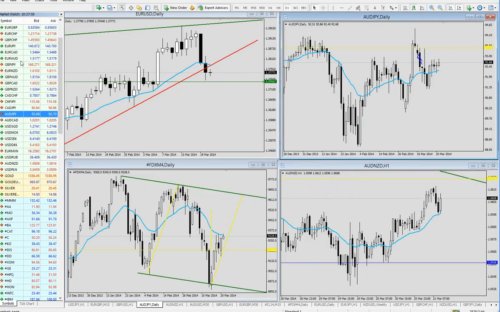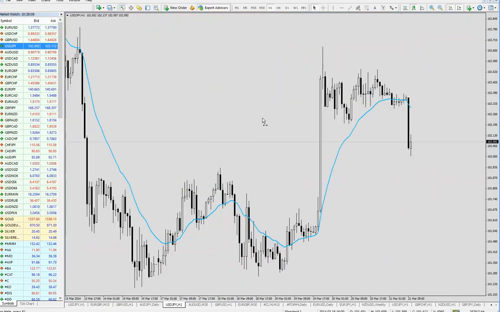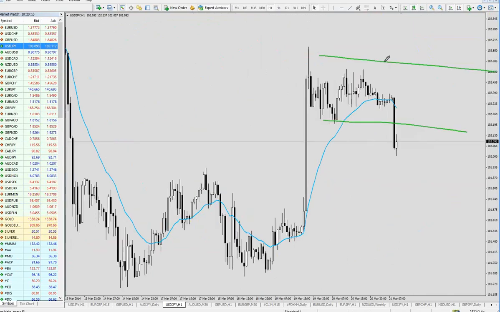okay, let's switch to dollar yen. Looks like on the major dollar yen, there's some appetite to go lower.